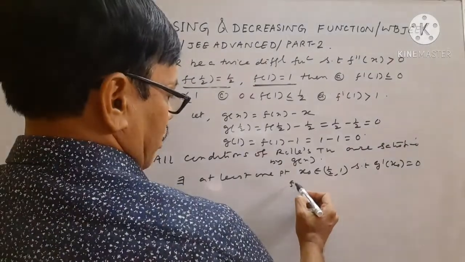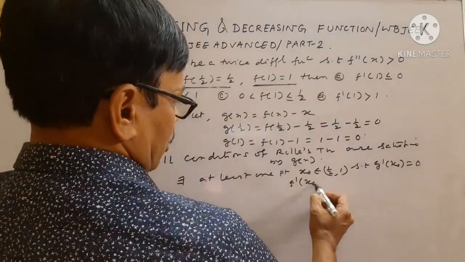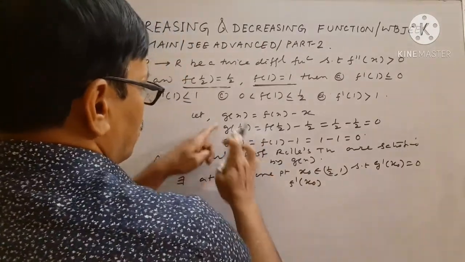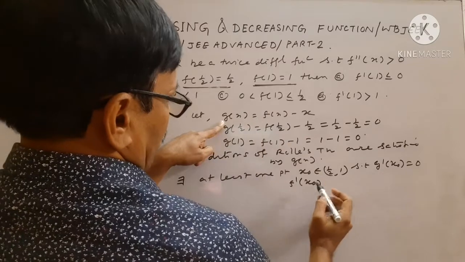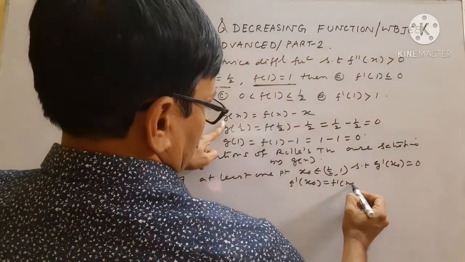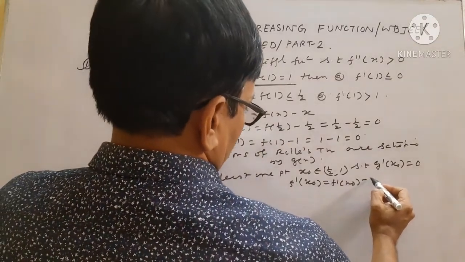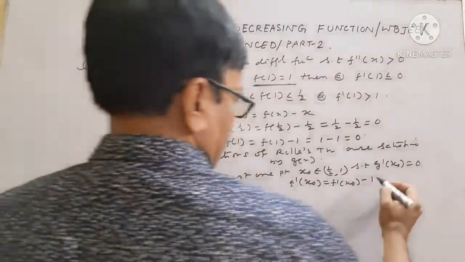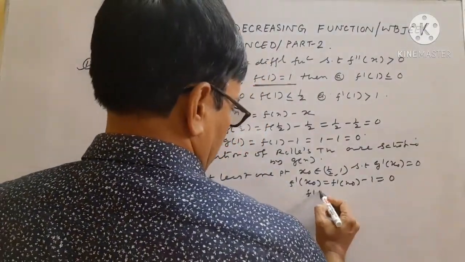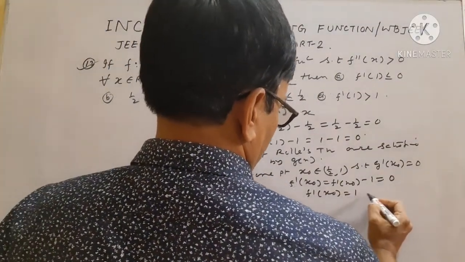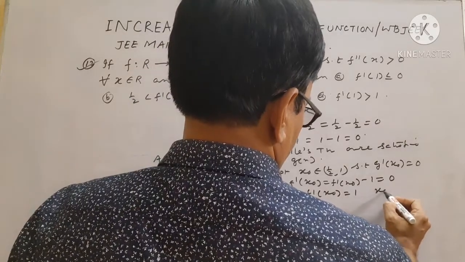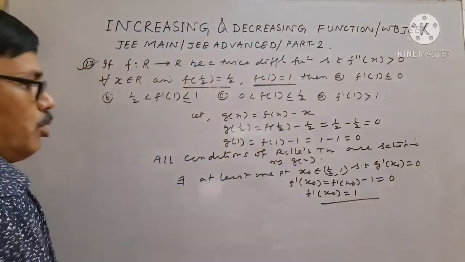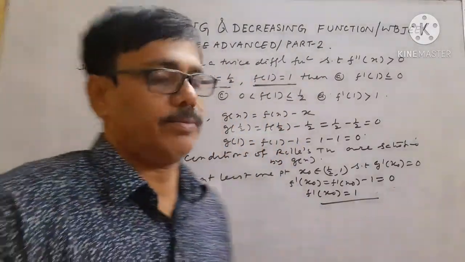So what is g dash? g dash x0 equals f dash x0 minus 1, and this equals 0. So f dash x0 equals 1, where x0 belongs to half comma 1. So we are getting this condition.